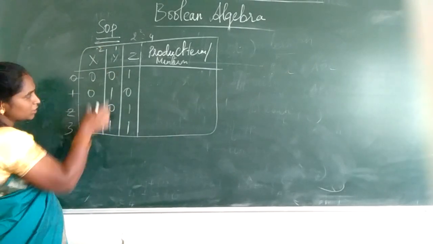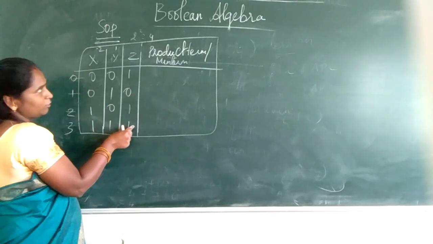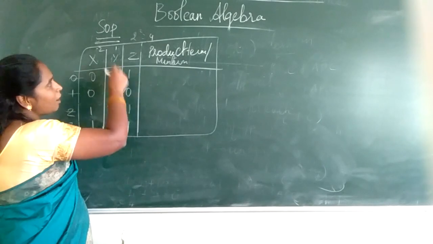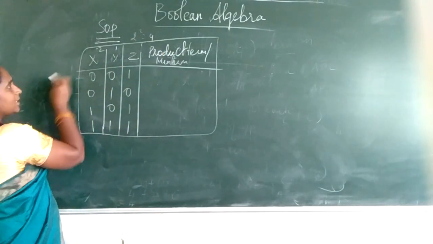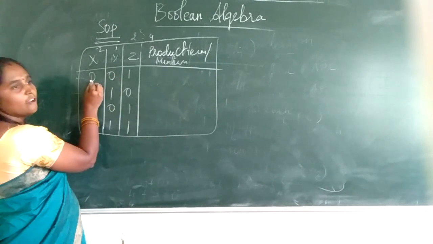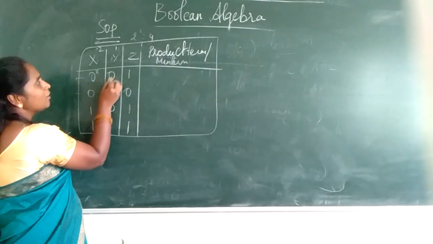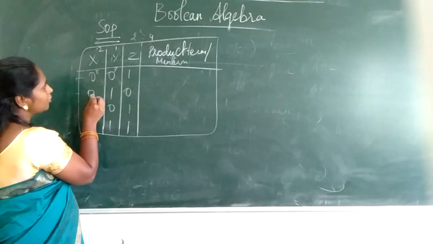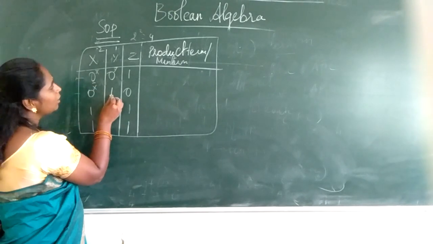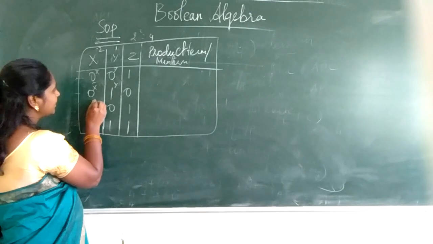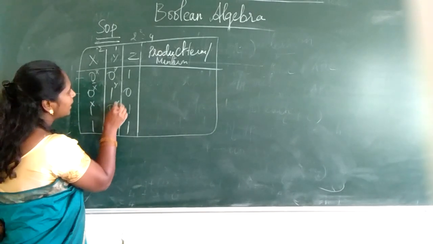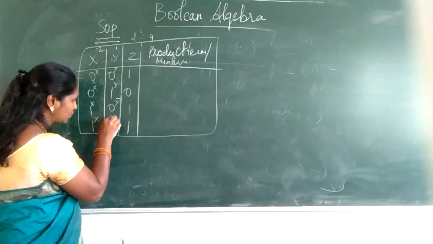For this you have to write the product term. For 0 it is x bar, for y it is y bar; for 0 it is x bar, for y it is y as it is; for 1 it is x, for 0 it is y bar; for both it is x, y.